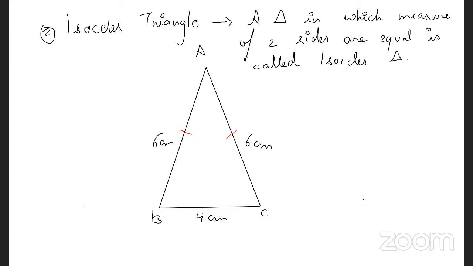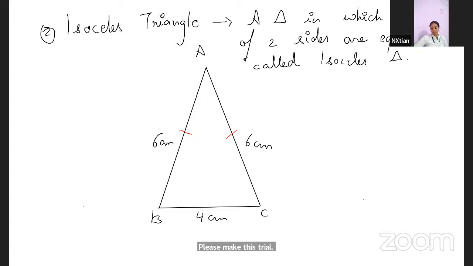Please make this triangle. When you're measuring with scale, you can use exact measurements as well. Okay, 6 centimeter exact measurements and 4 centimeter exact measurements. Yes, only two sides should be equal.